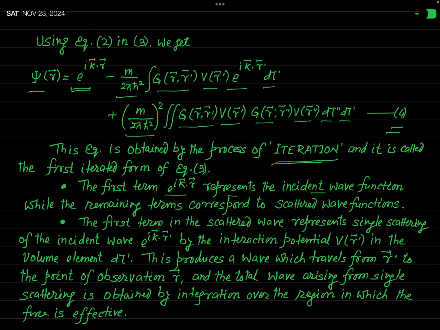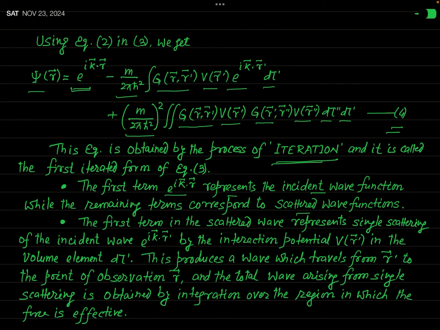Actually, k is the wave vector of the incident wave. But the other terms represent the scattered wave function. Other terms correspond to the scattered wave function, you can see.